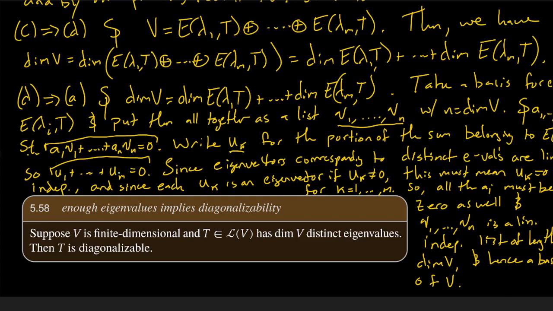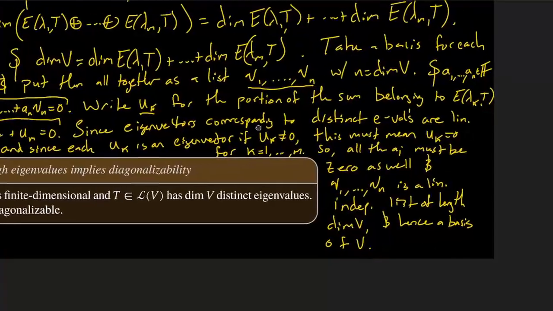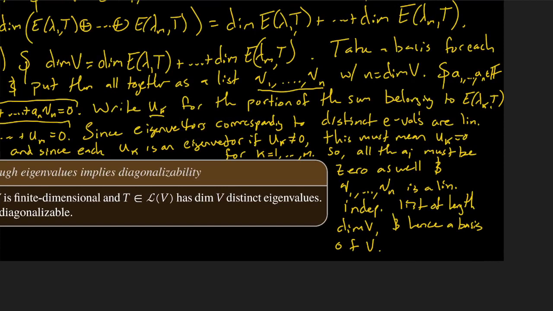But eigenvectors corresponding to distinct eigenvalues are linearly independent, so all of these pieces of the sum from each eigenspace have to be 0, meaning that the terms you put together to get that sum must be 0. Oh, okay. So this is a linearly independent list of the length of a basis, and that means that it is a basis.